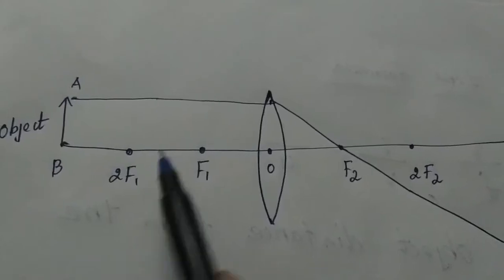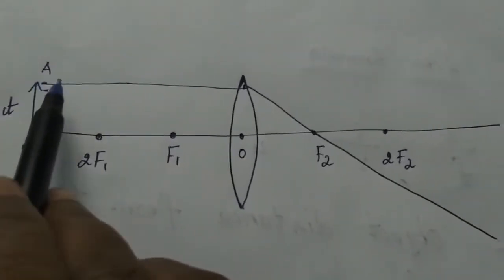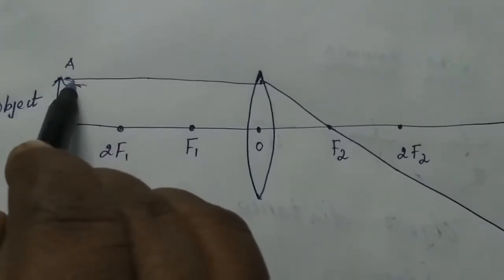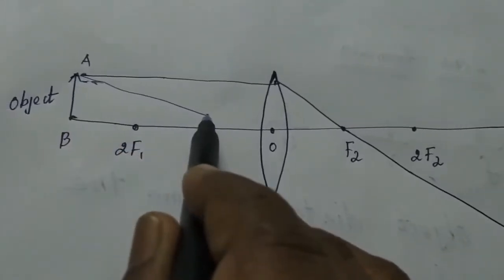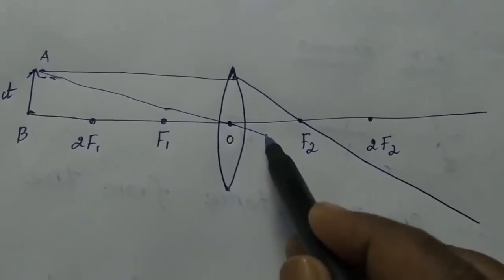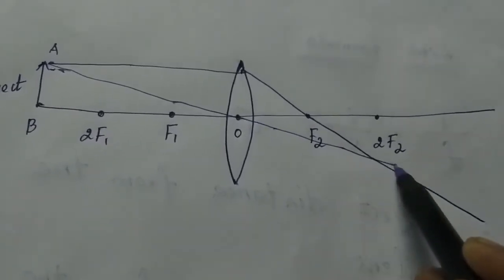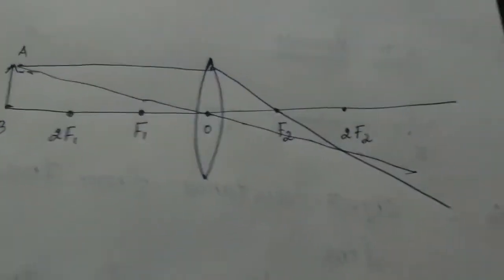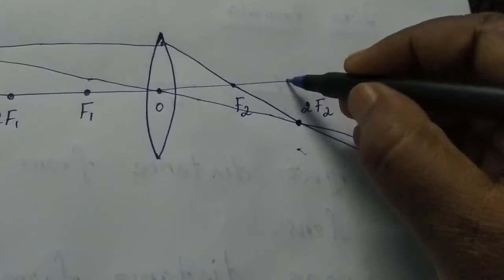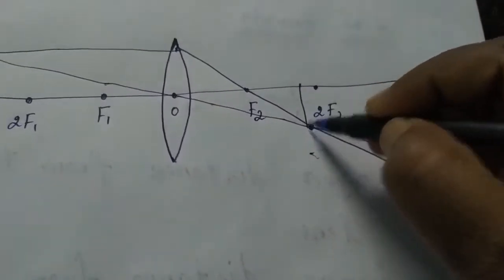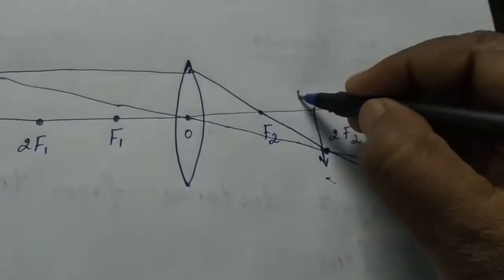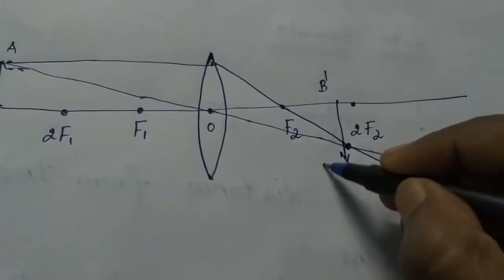For the second ray, a ray which goes through the optical center O continues without any deviation. Where the two rays intersect is known as the image, B dash A dash.